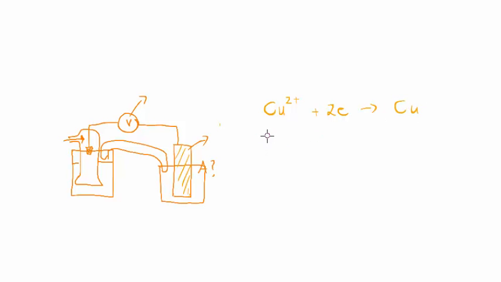Hydrogen would be the one donating the electrons, so it would go from hydrogen and produce 2 hydrogen ions and 2 electrons. Everything is multiplied by a 2. So this is what would happen in this half reaction.